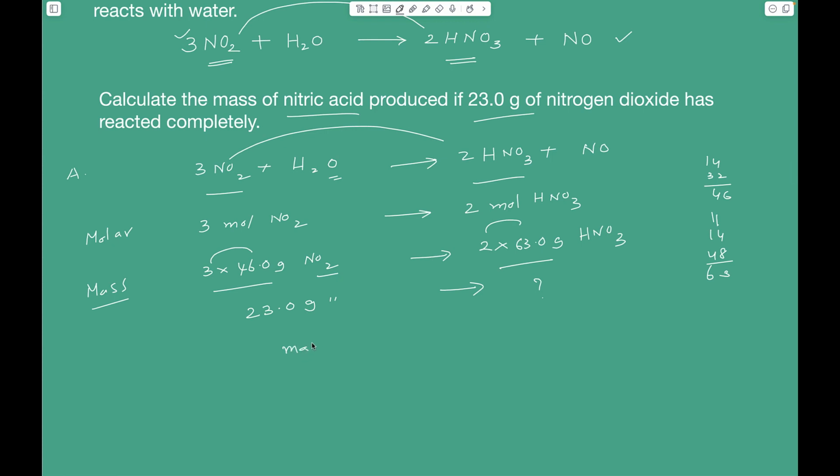So the mass of nitric acid is given by product of these two over this. So that would be 23.0 gram times 2 times 63.0 gram over 3 times 46.0 gram. Cancel these two units and simplify this to get the mass of nitric acid produced in grams.